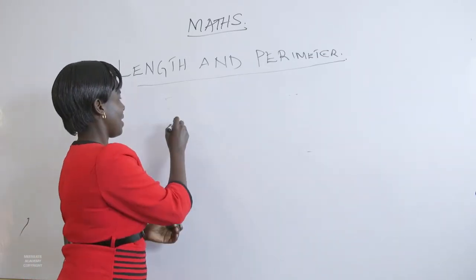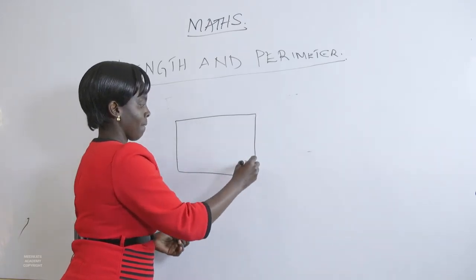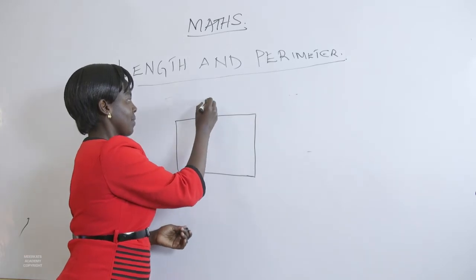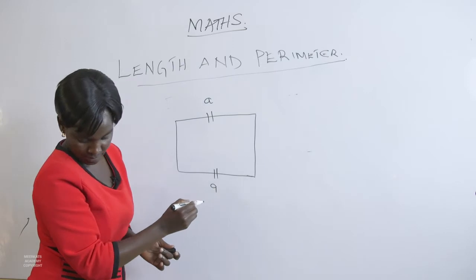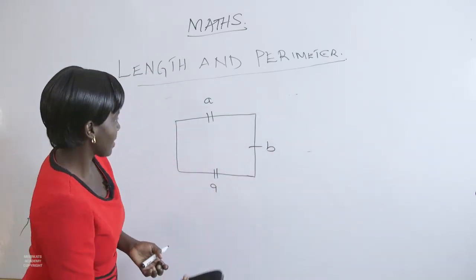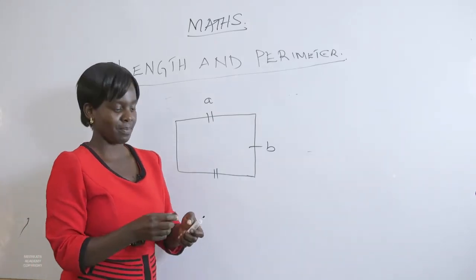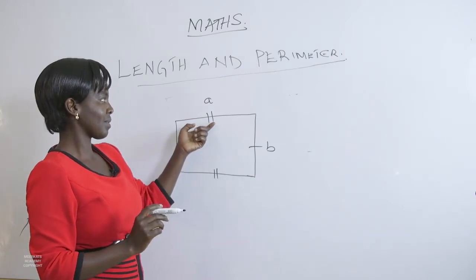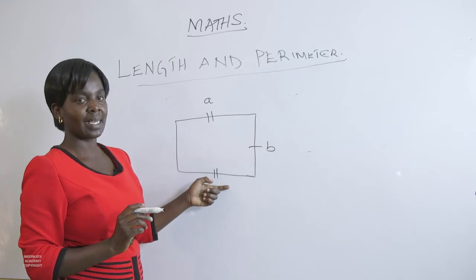If you are given a rectangle, still with letters, so this one you are not told this is A. You are supposed to find out that that is A. So this is side A, and we are told this is equal to this side.